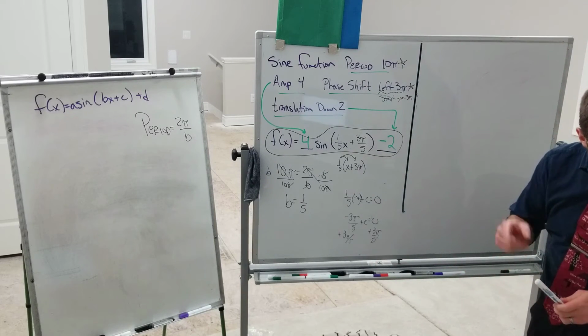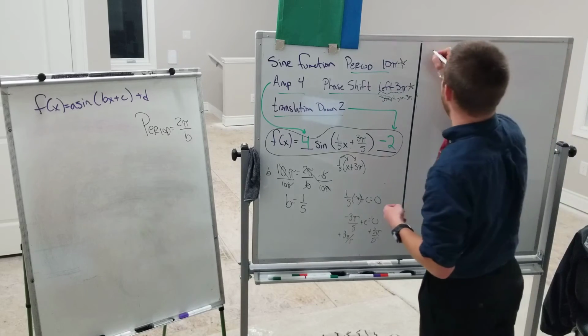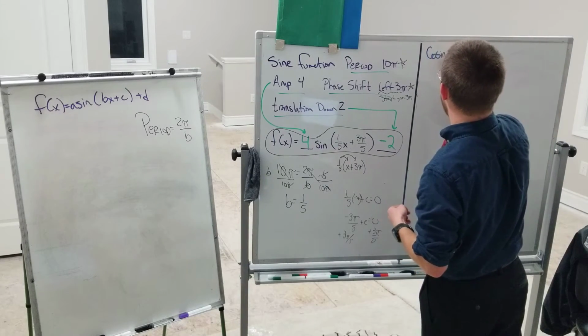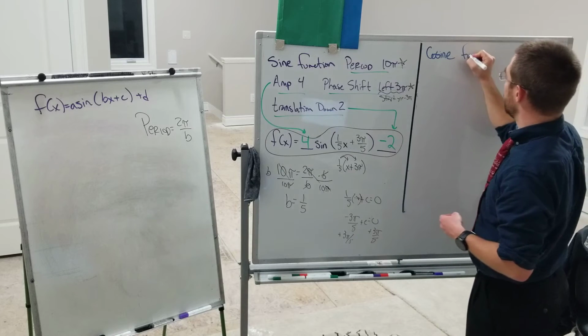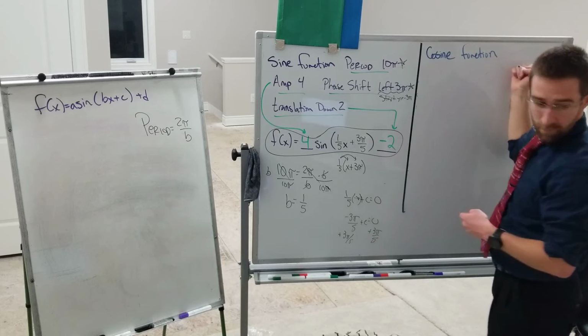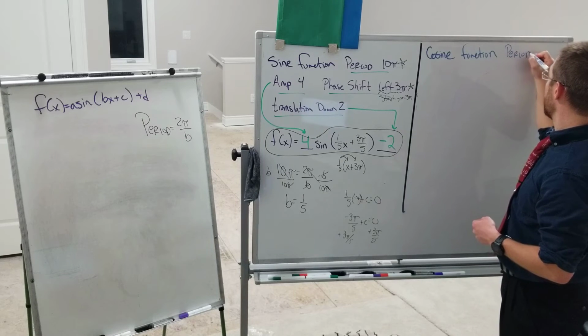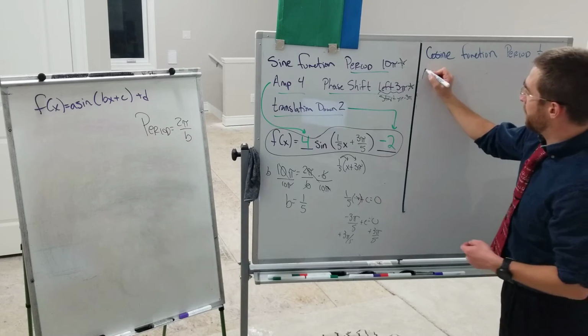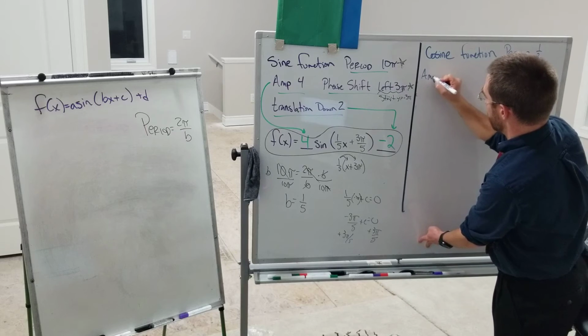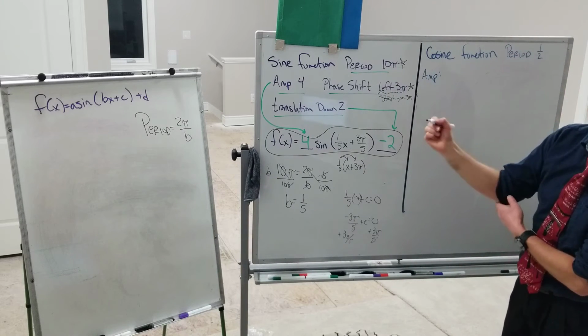All right. We now want a cosine function that has a period of 1/2, has an amplitude, let's stop this from shaking, of, let's say, 5.